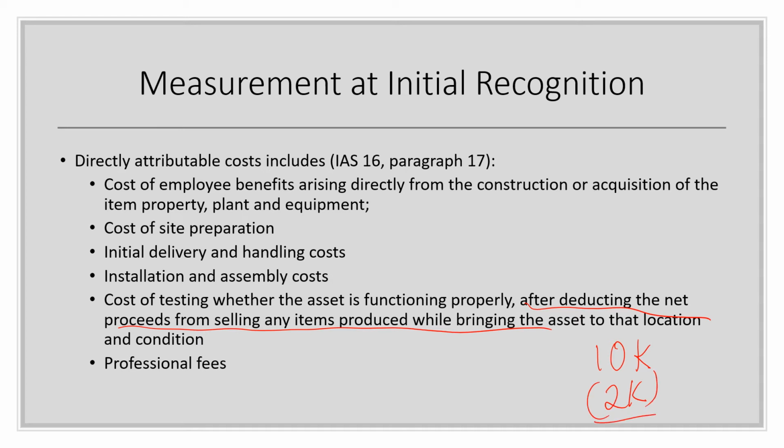Therefore, the net cost that will be part of your property, plant, and equipment, for example land or building, should be 8,000. And professional fees paid, for example, the fees of an engineer, the surveyor, and just like that.